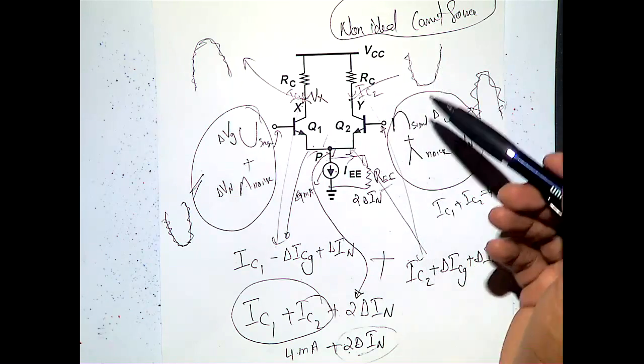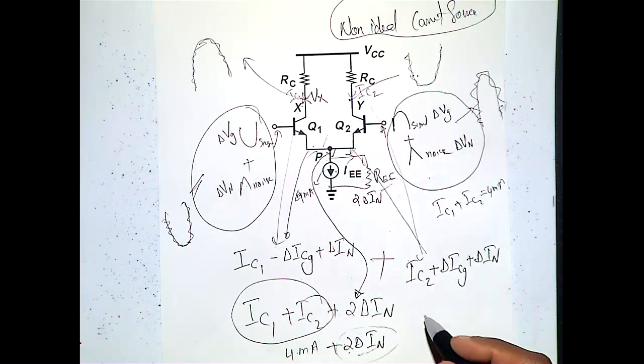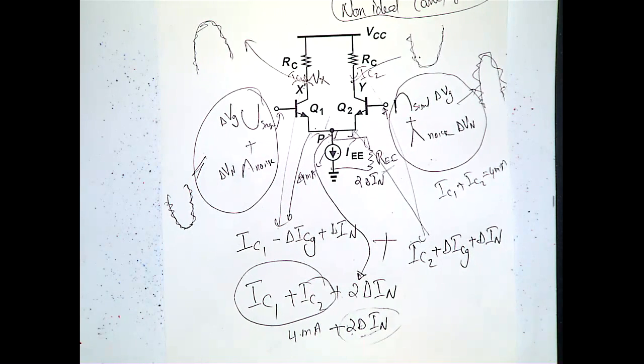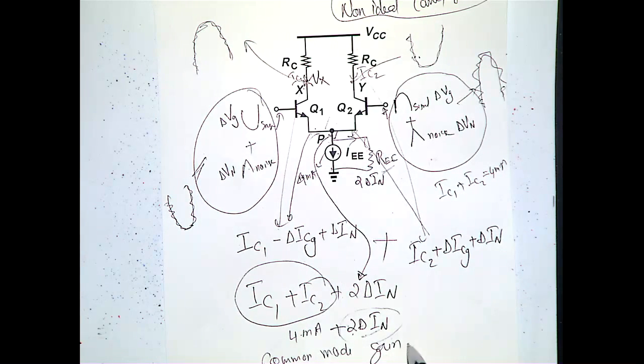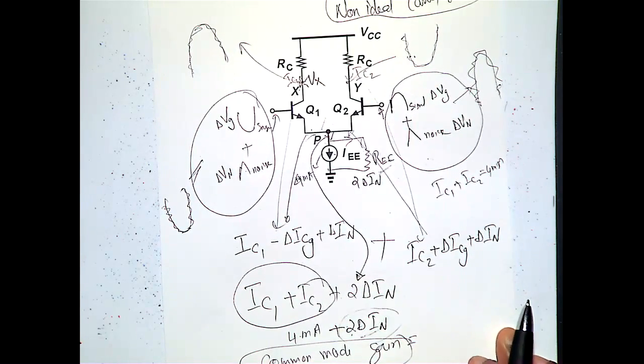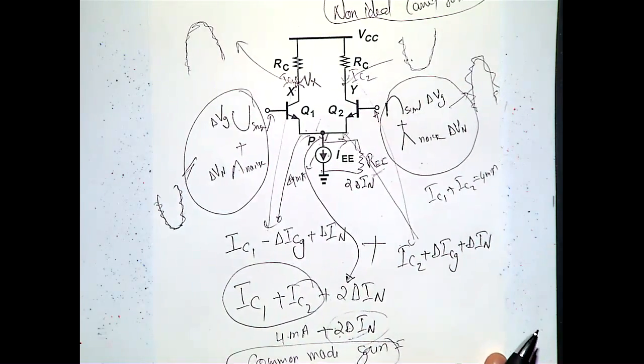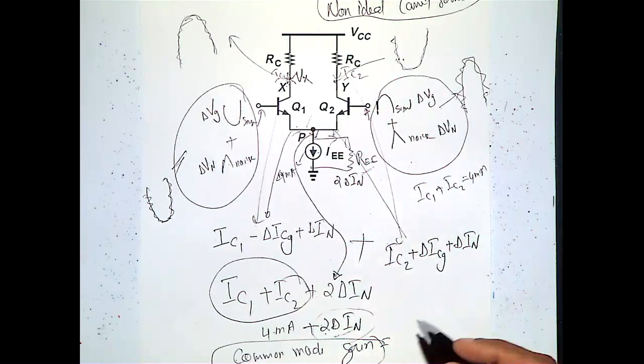And then because you got a common mode signal at the output, we call it a common mode gain. So that is the reason we defined a term called common mode gain, because now we got a gain for the common mode signal. So did you understand? Yeah, so that is the reason. But then how about Vx minus Vy?